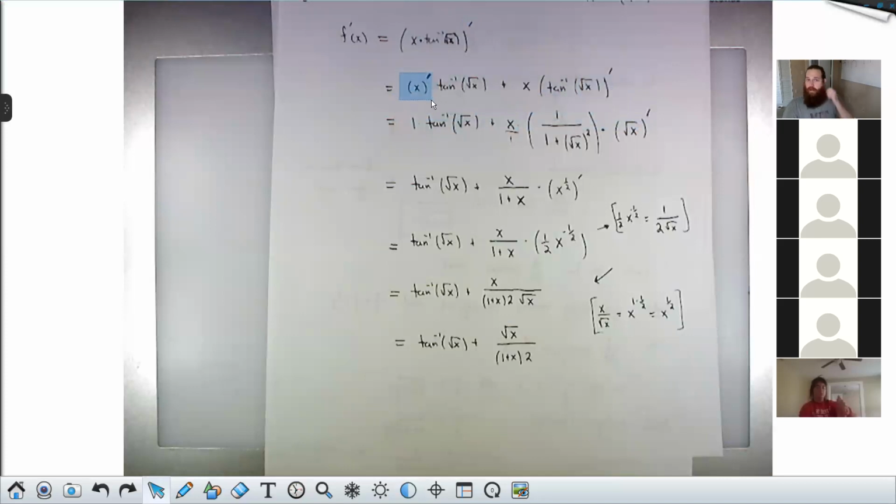Chain. Yeah, this guy is straightforward. He's just a power rule thing. Right. No work there. But this definitely looks like a chain rule, right? Because I've got the outer function, arctan, and the inner function, root x. So you're exactly right. Yeah, I look at this piece and I see chain rule. So then I use the chain rule on him, and that schematic looks like this.